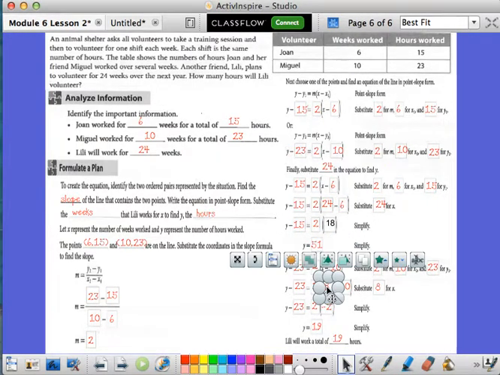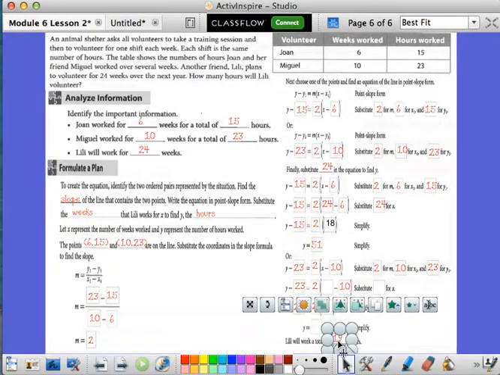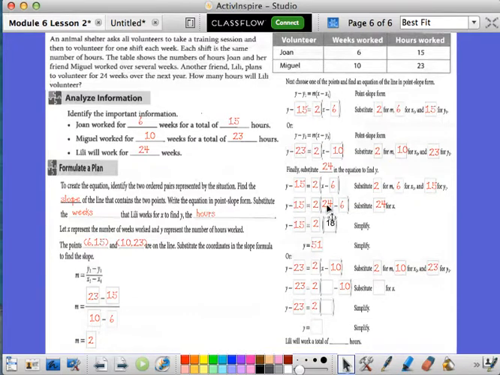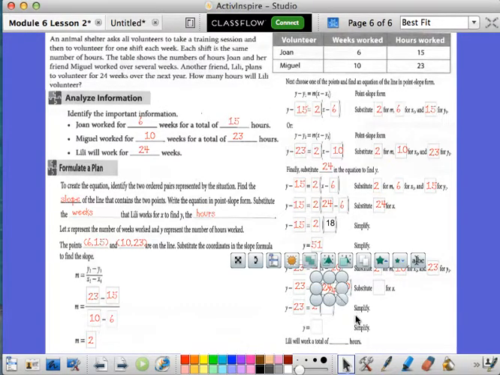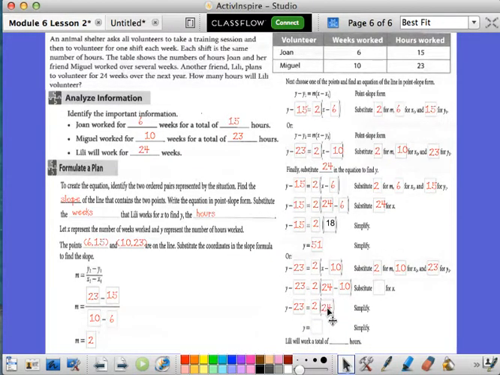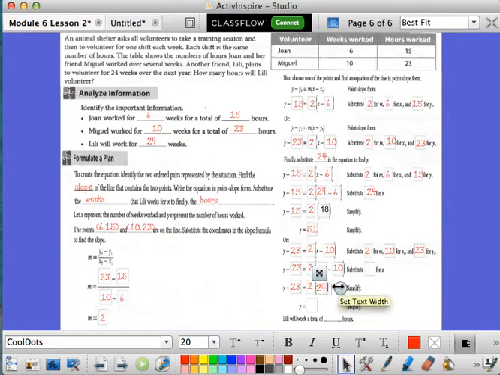Okay, again, I did the same thing where I substituted 8 for whatever reason. So I will go through and I will fix that. All right, so I put 24 in for x, and when I do 24 minus 10, I get 14. And then 14 times 2 is going to give me 28.